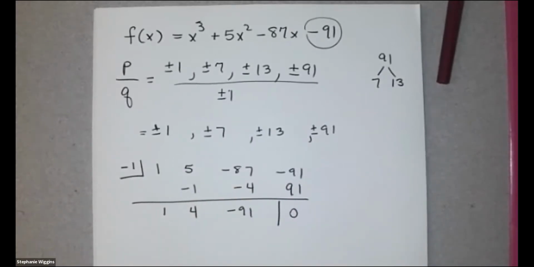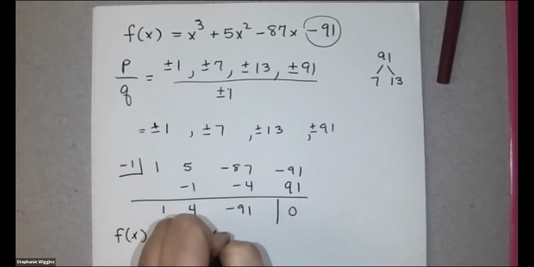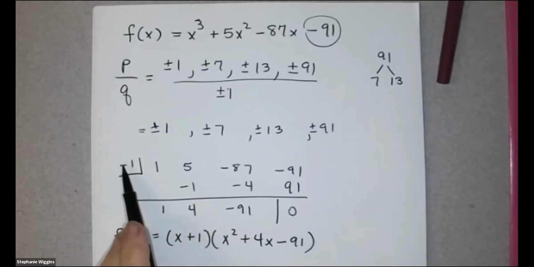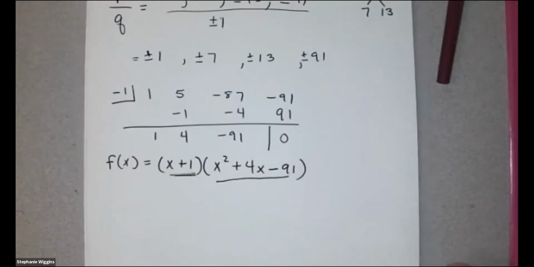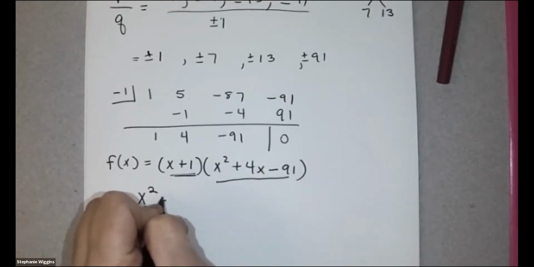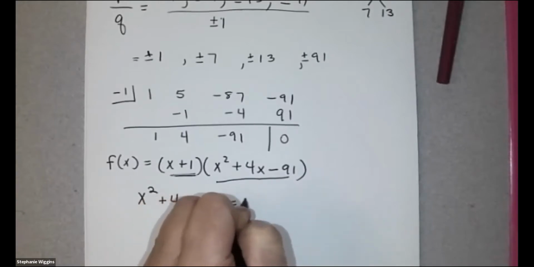So what does this mean? This means that my function f of x is equal to x plus 1 times x squared plus 4x minus 91. Now, the negative 1 comes from this factor, right? The other 2 zeros come from this. Well, how do I solve this? I'm looking for zeros, so I'm looking for the solutions to this equation. x squared plus 4x minus 91 equals 0.